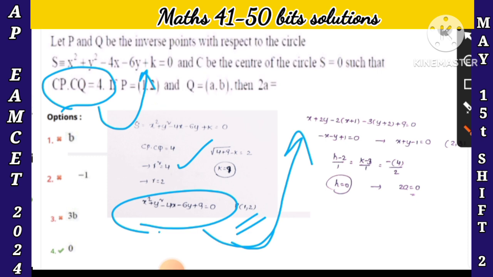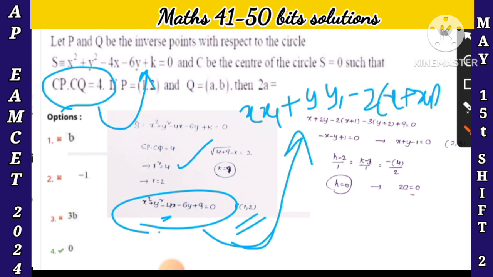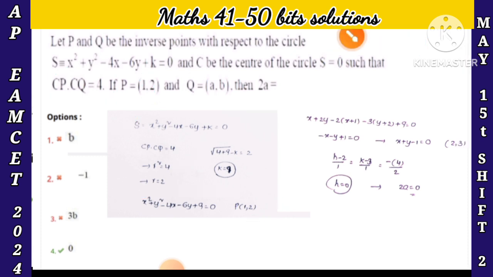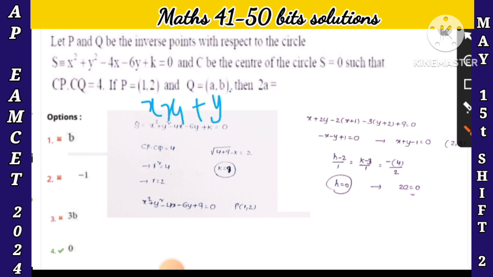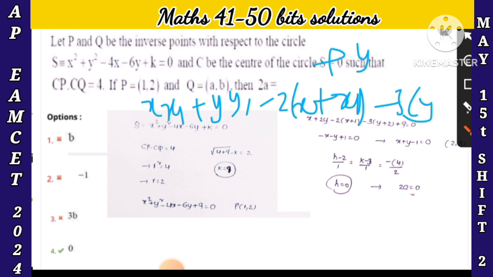What is the S1 notation? xx1 plus yy1 minus 2 of x plus x1 minus 3 of y plus y1 plus 9 is equal to 0. Now replace x1, y1 as 1 comma 2 and do the simplification. Then you get x plus y minus 1 equal to 0.